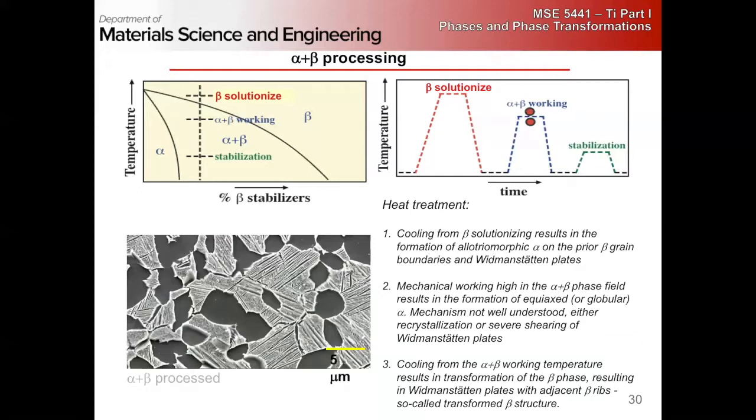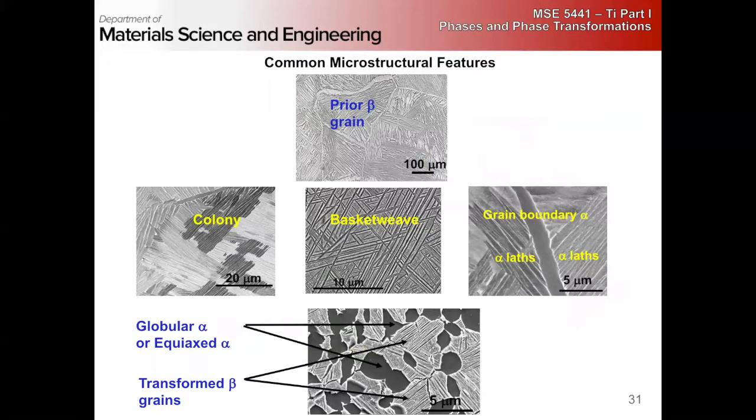So if we look at the common features of alpha plus beta alloys, if you look at Ti-6-4 or Ti-17, these tend to be, depending on the condition, what you have. And so we're really looking at tweaking the prior beta grain boundary sizes.